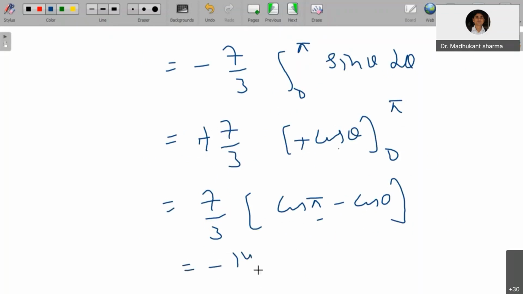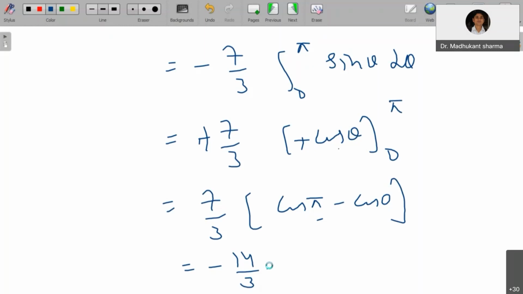So it's going to be minus 14 by 3. The value of this integral is minus 14 by 3. Okay, right, so these are the problems for Green's theorem.